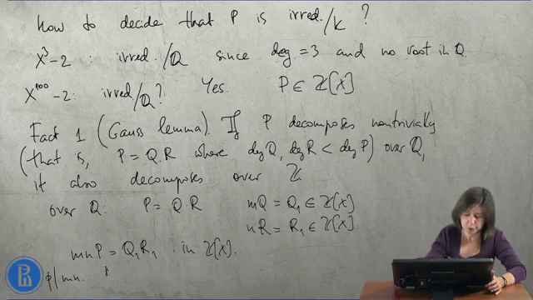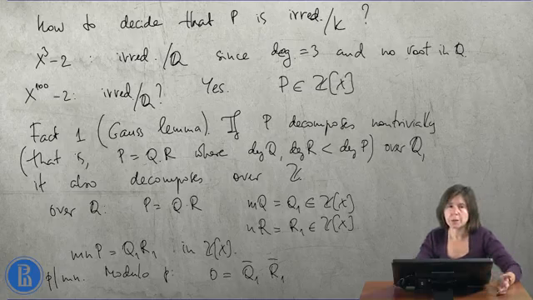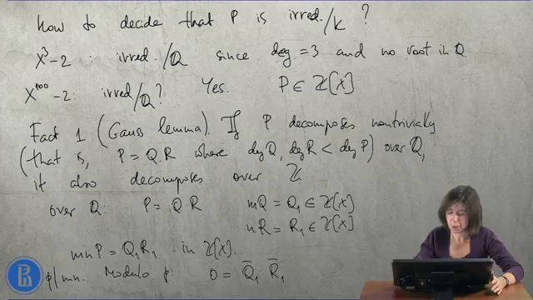Then modulo p we have 0 is equal to Q1 bar R1 bar, where bar denotes the reduction modulo p, right?